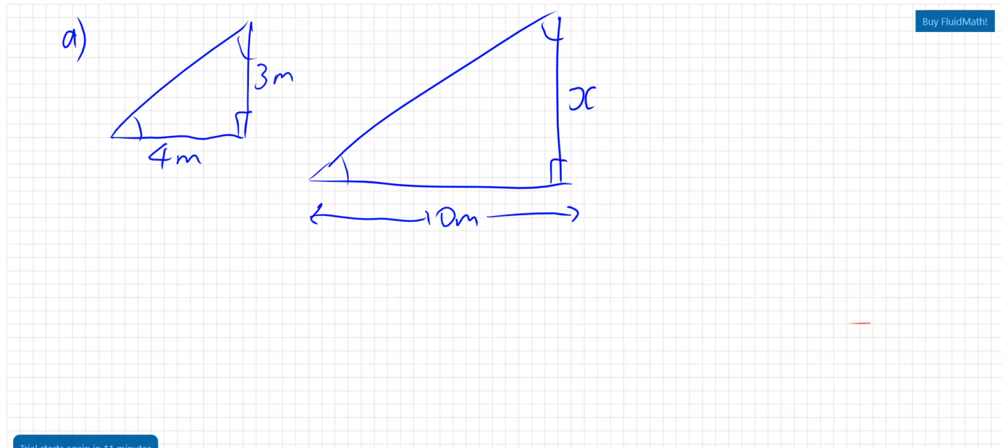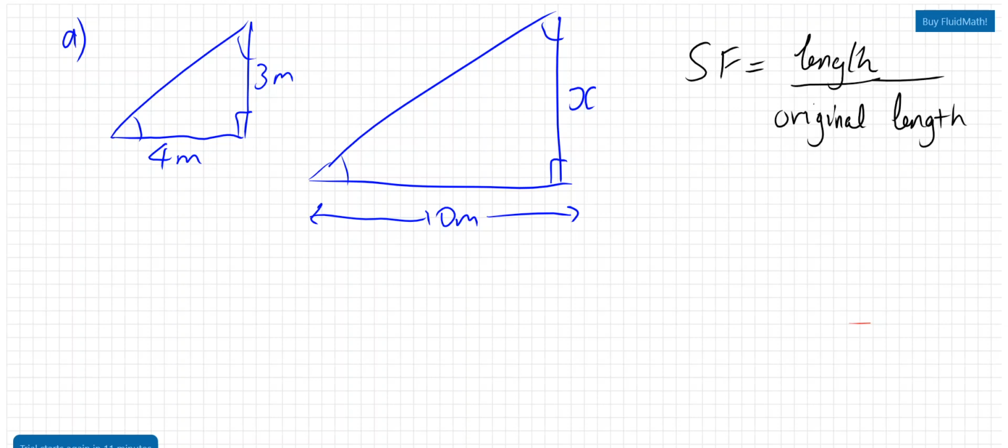With similar triangles, we can now find the scale factor to find what X is. If you remember, the formula we use is the scale factor equals the new length over the original length. This one here is going to be our original triangle, because we are trying to find this one here, X. So we're getting larger, so our scale factor should be larger than 1.